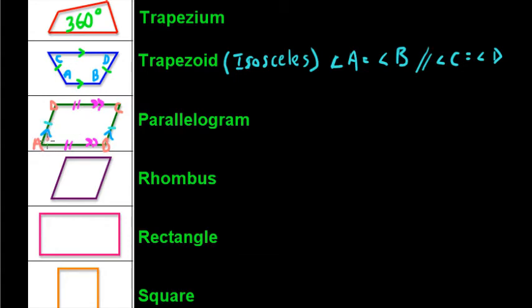So that means angle A and C are going to equal each other. So angle A will equal angle C, and angle D will equal the opposite angle, angle B. Okay, and still the rule applies: 360 degrees total.